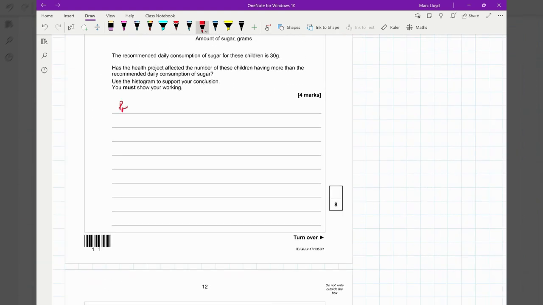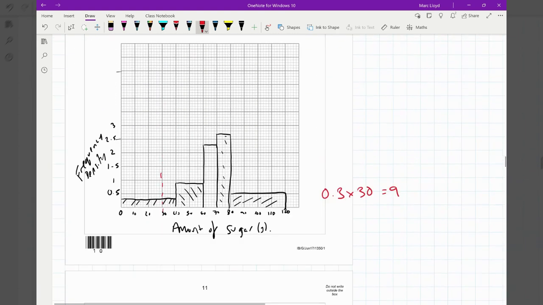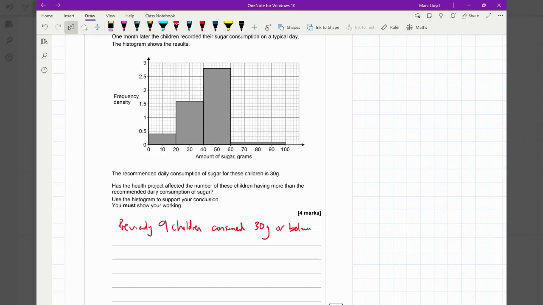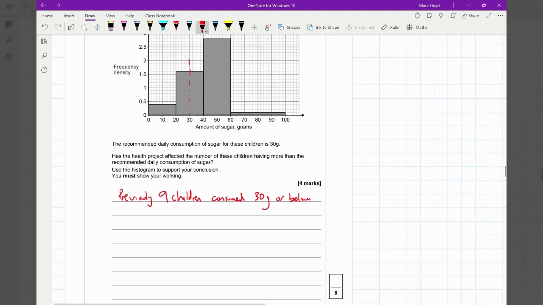So previously, 9 children consumed 30 grams or below. That's a rough estimate because we don't know what these values were in this histogram, but it's fine. Now we need to work out how many of these children in this group.